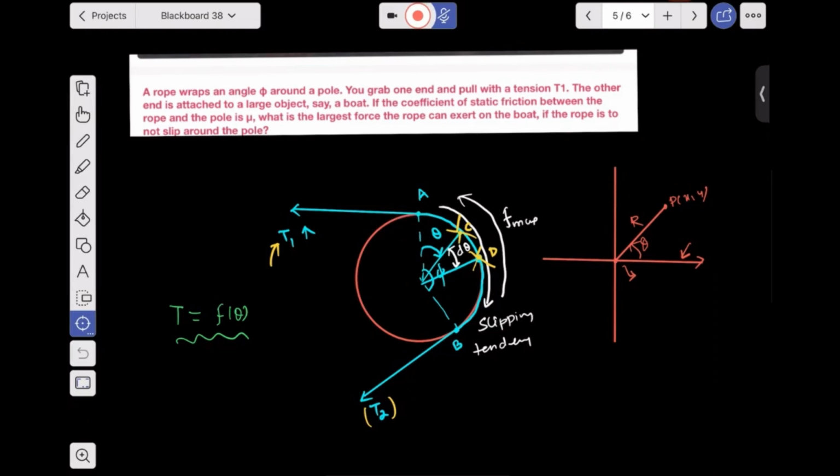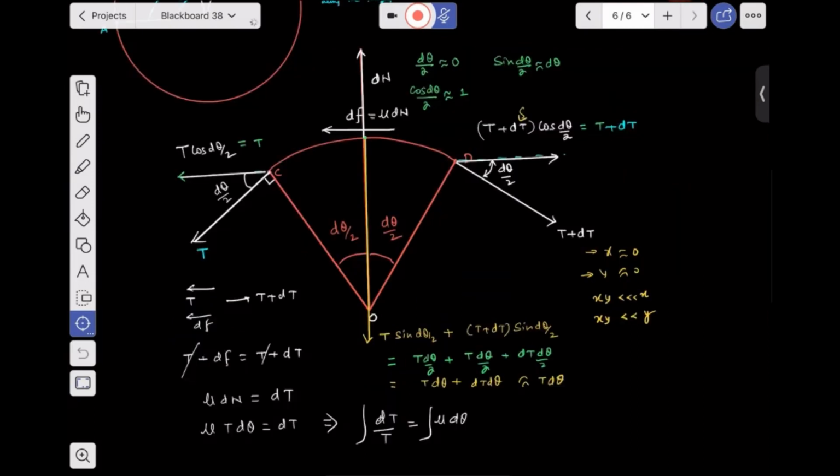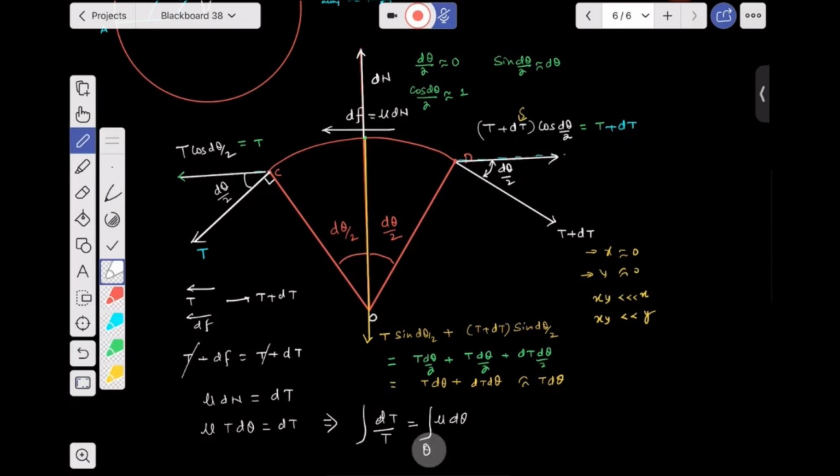So whatever tension I have at this end point, the same will be at A, and whatever tension I have at the other end point, the same will be at B. If I integrate, when θ equals 0, T is T1, and when θ equals φ, T is T2. Integrating gives ln(T2/T1) equals μφ. This integration everyone is able to do, no? So T2 equals T1 times e to the power μφ.